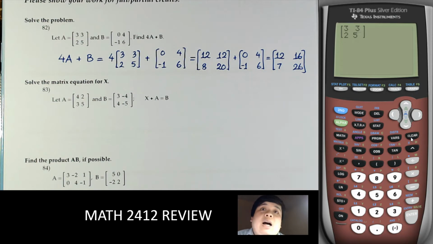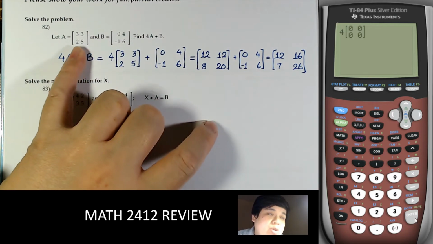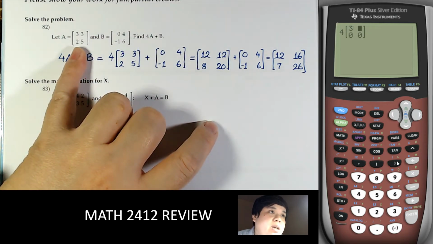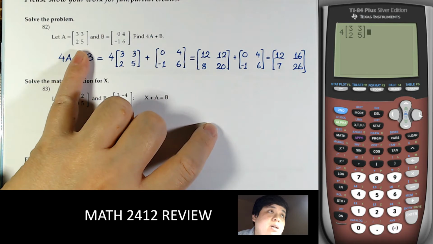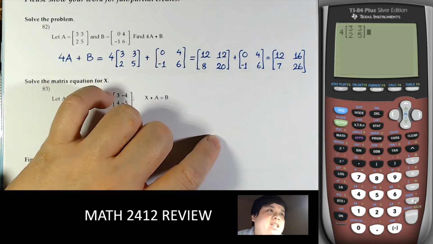Right, let's do that again because I forgot the 4. Right, 4 times alpha, zoom, 2 by 2. That's good. And then we store 3, 3, 2, and 5. And then, like I said, don't hit enter.